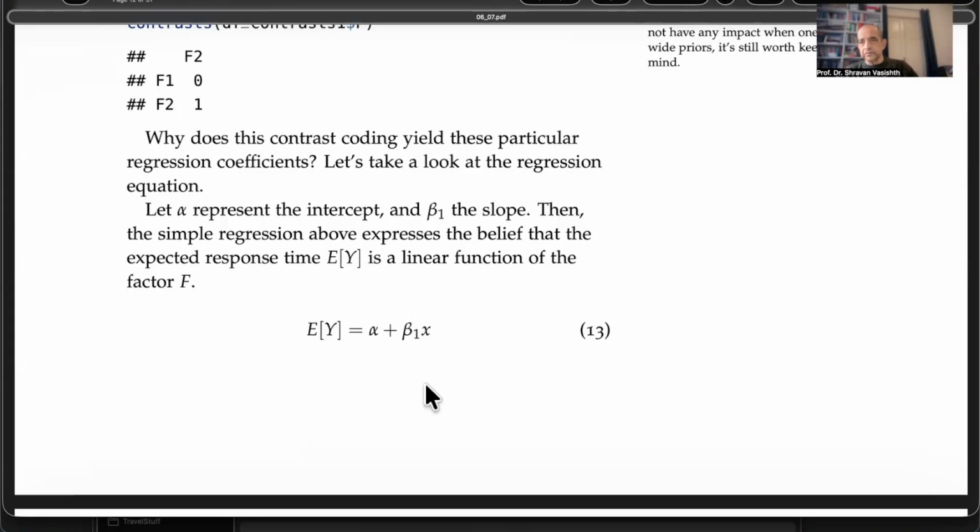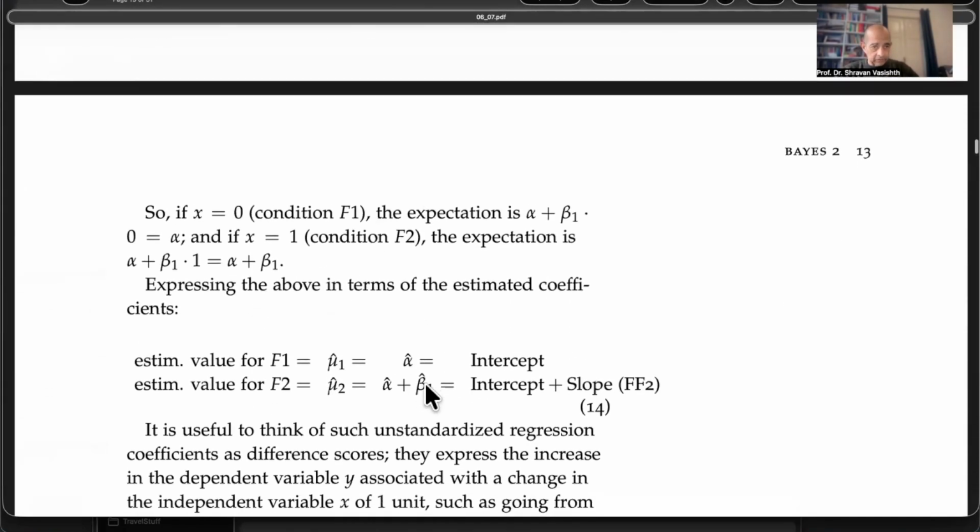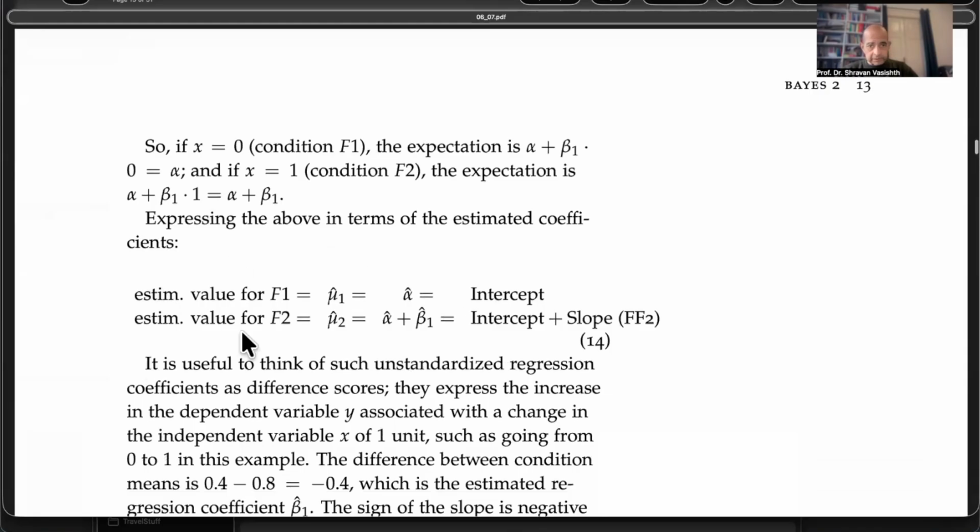So it's really the difference between F2 and F1, right? That's what's written here.